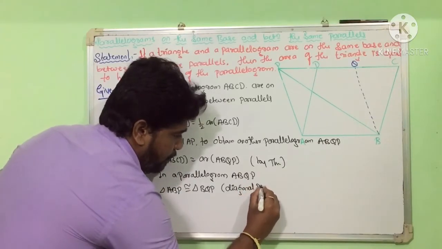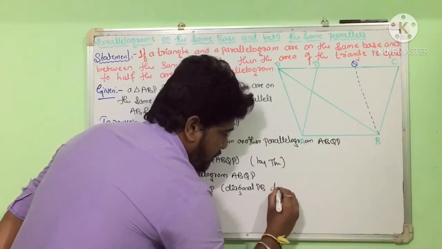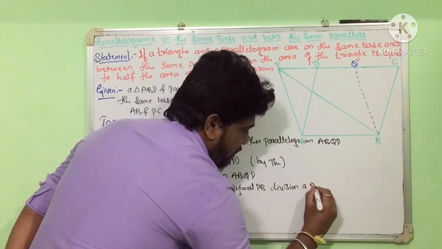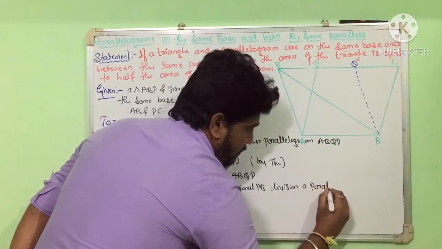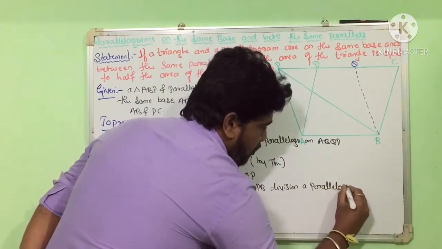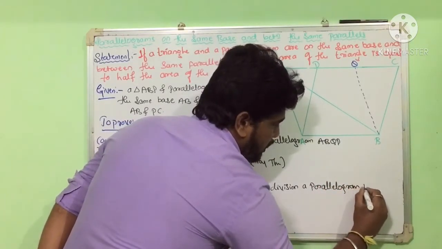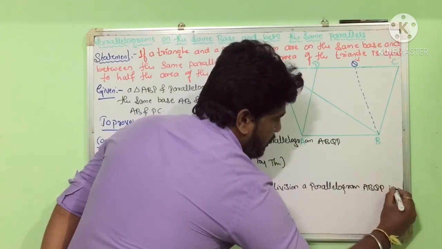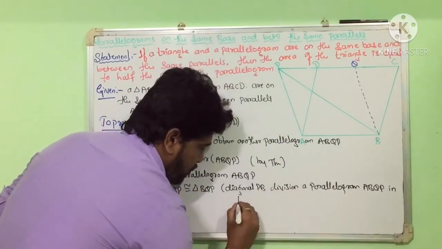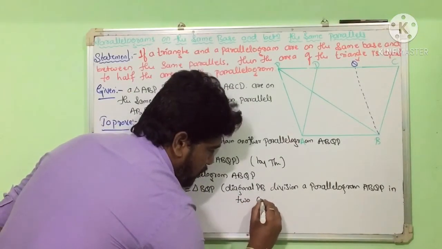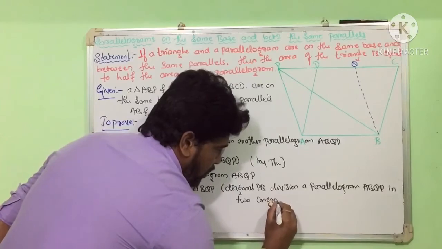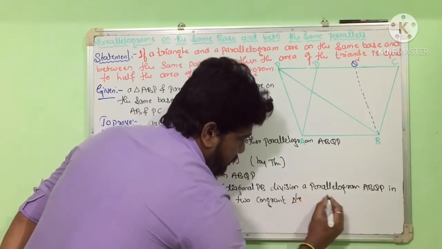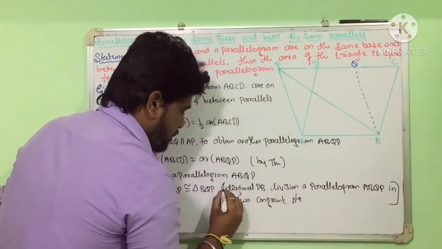Reason: diagonal PB divides a parallelogram ABQP into two congruent triangles, right?